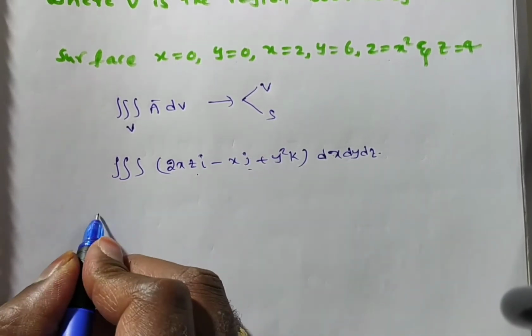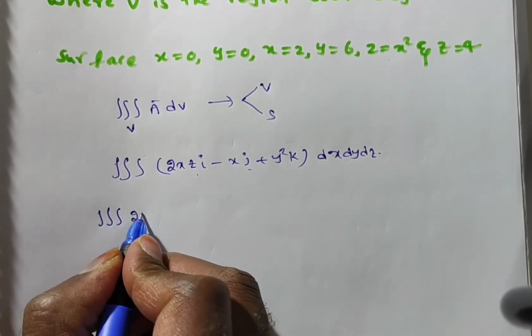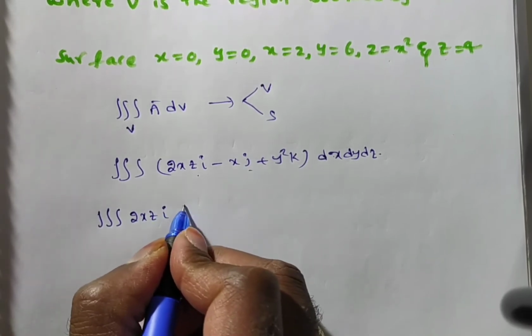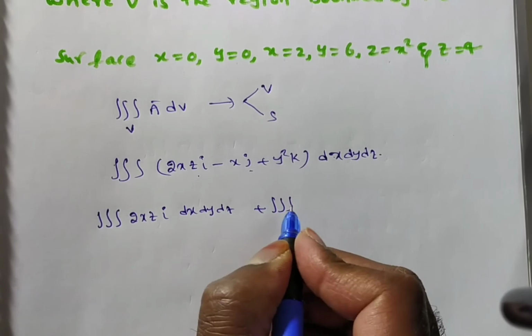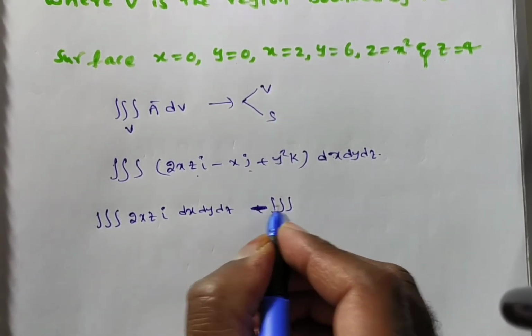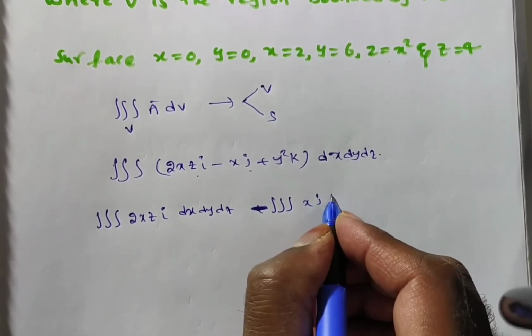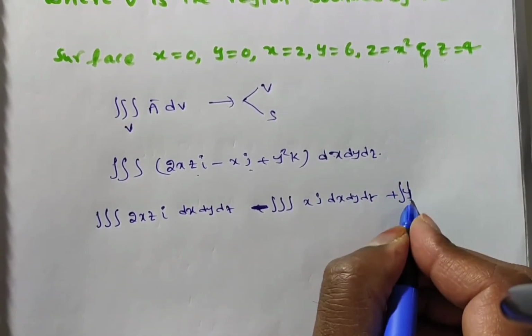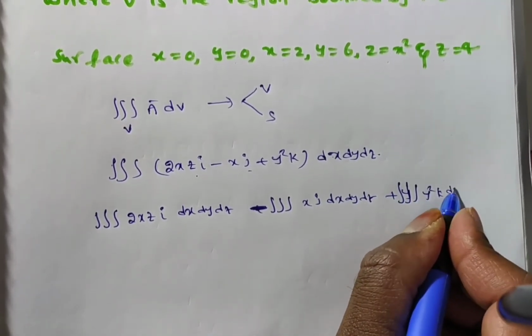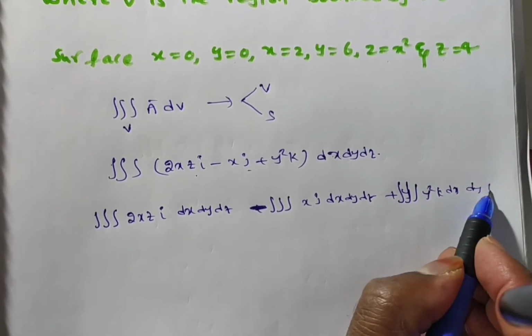So I am considering three parts: integral 1 is 2xz i dx dy dz, plus the triple integral of minus x j dx dy dz, plus the triple integral of y square k dx dy dz.